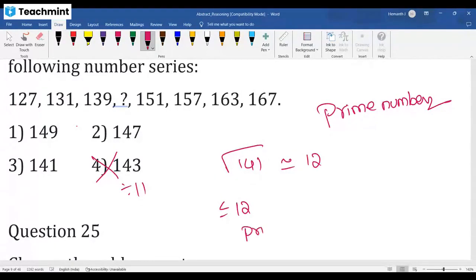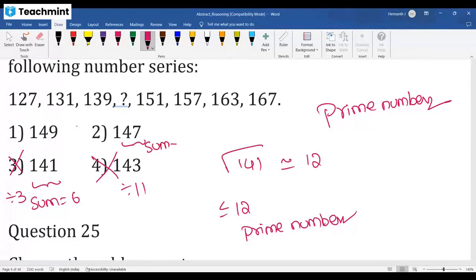The prime numbers list is this. If it's not divisible by any of these numbers, then it's a prime number only. In fact, the sum of these digits is 6, right? This is divisible by 3. Here the sum of digits is 12, so it's divisible by 3. So 149 is the only one, sorry, 10 plus 4, 14. Okay, now it's not.